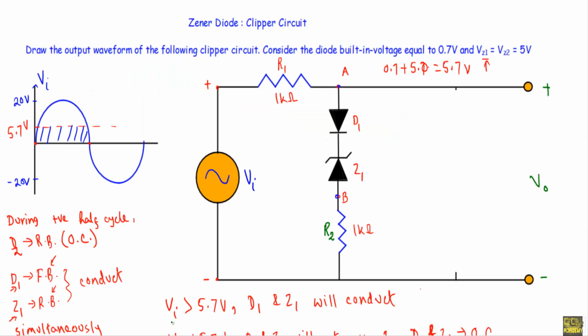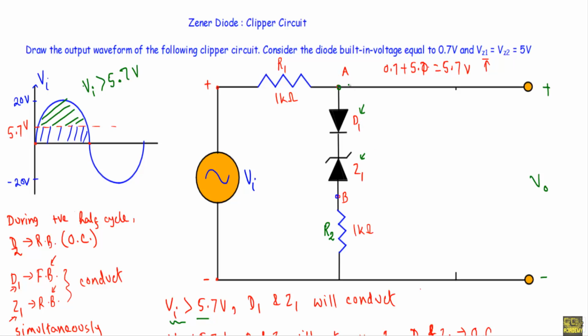There is another case, when Vi is greater than 5.7 volt. That means I will be talking about this region. As long as Vi is greater than 5.7 volt, we will get sufficient voltage to drive the diode D1 in forward bias and Zener diode Z1 in Zener breakdown region.